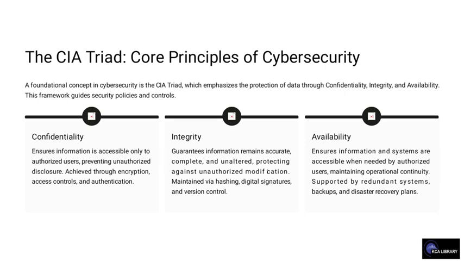Looking at the CIA triad, which are the core principles of cybersecurity. This is a foundational concept in cybersecurity, and it emphasizes the protection of data through confidentiality, integrity, and availability. This framework guides security policy and control.